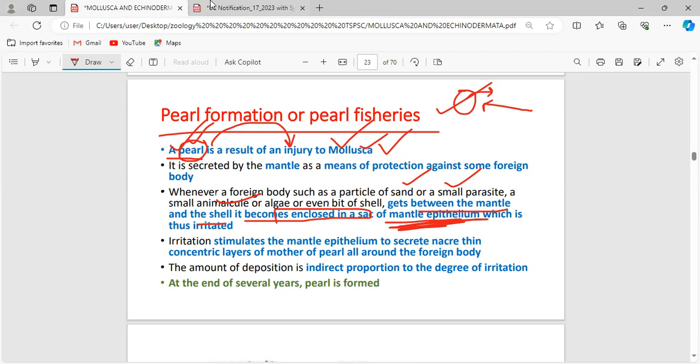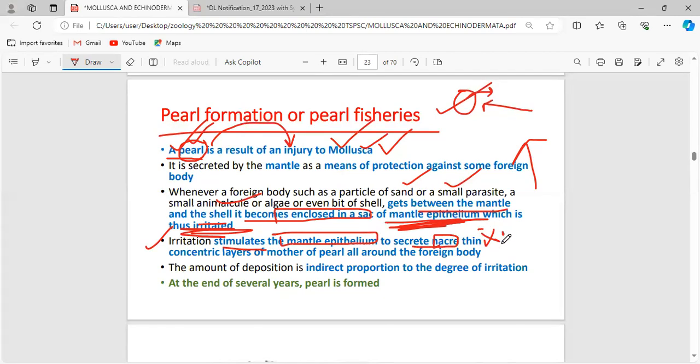What is happening here? The mantle epithelium encloses those foreign particles. Thus, it becomes irritated. This irritation stimulates the mantle epithelium to secrete the nacre.